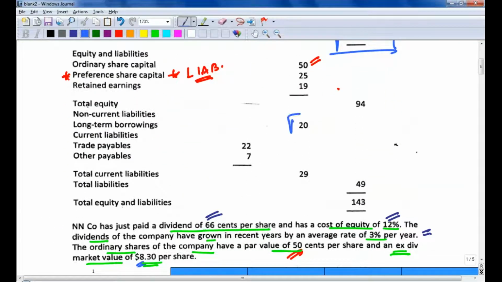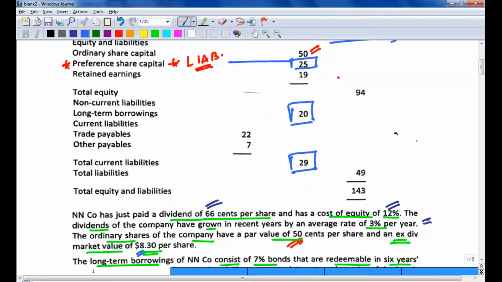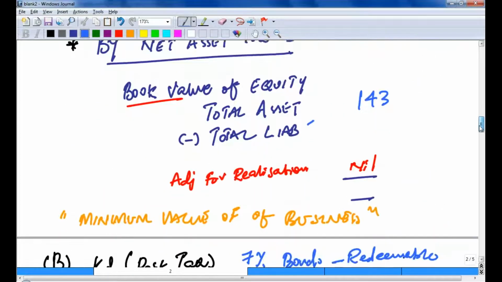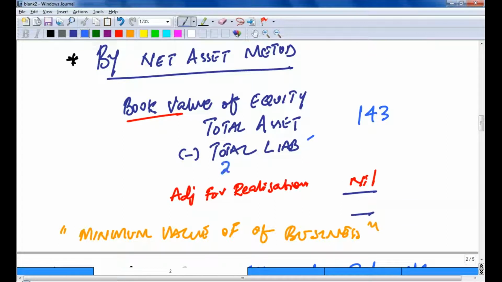Number one, non-current liability 20. Current liability 29. And preference shares liability, that is 25. Although it's shown in the equity, that's about accounting. In finance, the preference shares should be considered as liability. 25, 20, 29, and that equals 74.